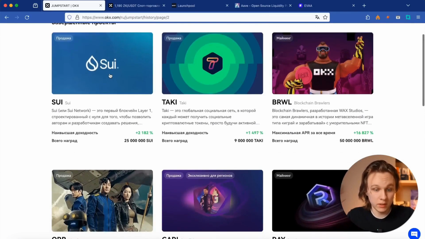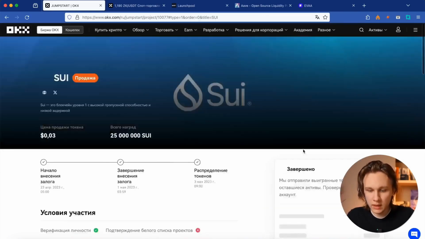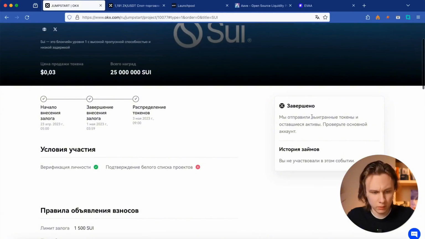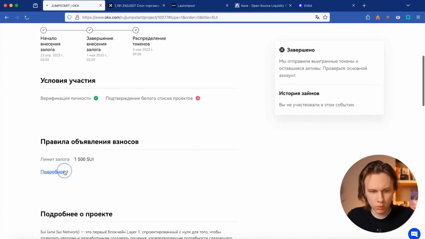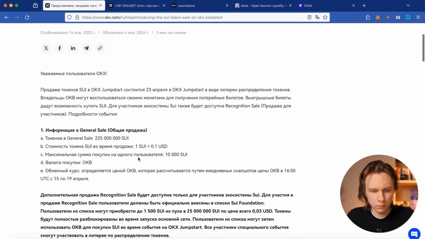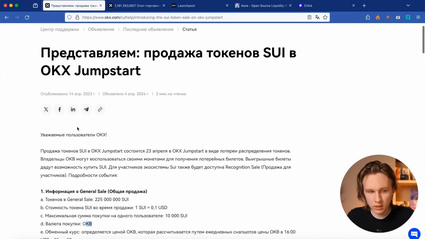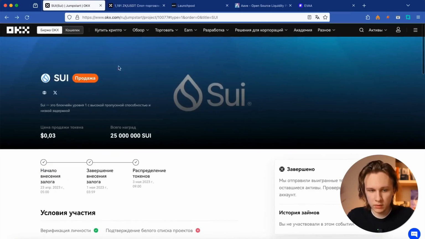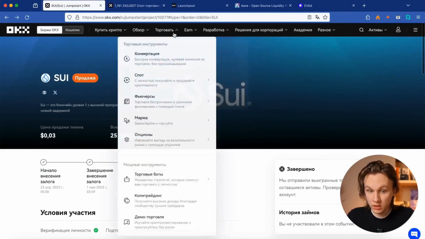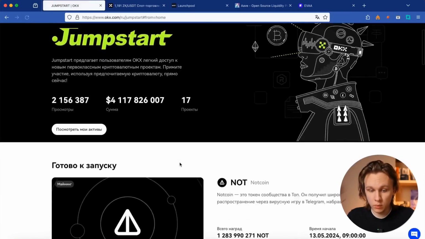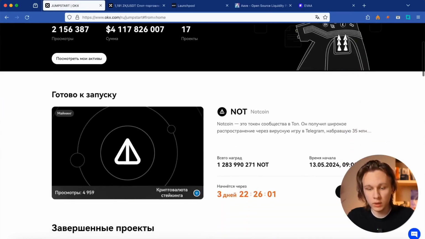Here you could get some SSY, and just for staking some assets, I don't remember which ones. It's not clear which ones were supposed to be used. Most likely, yes, the token of the OKEX exchange is used here to receive these rewards. The conditions are always different. For example, I cannot participate in Notcoin here right now.